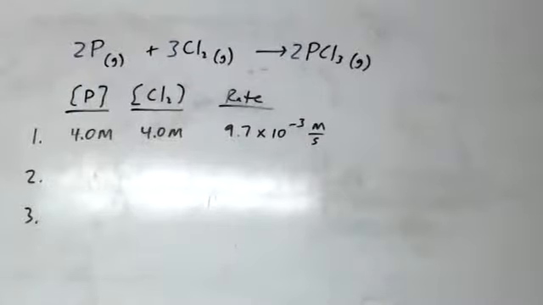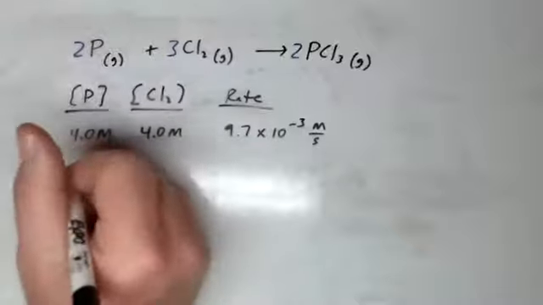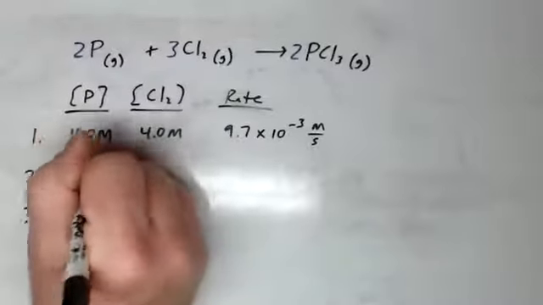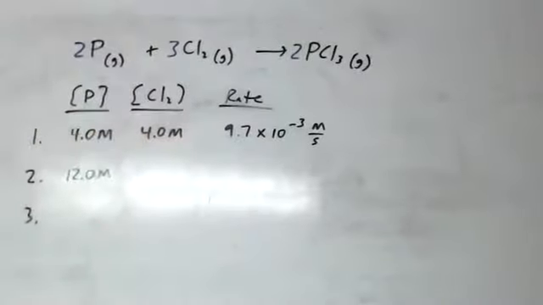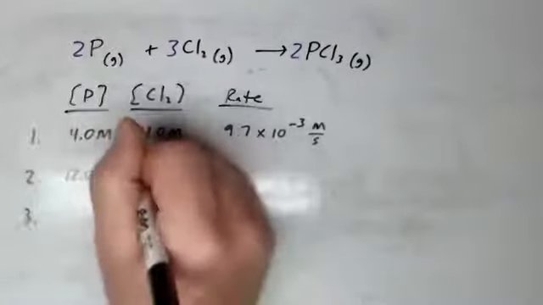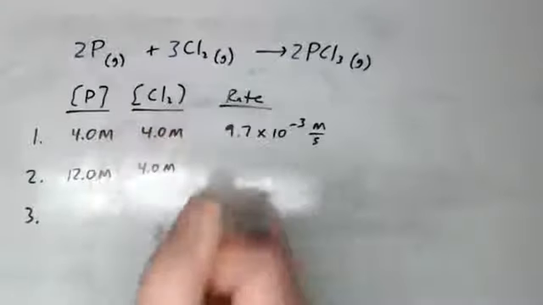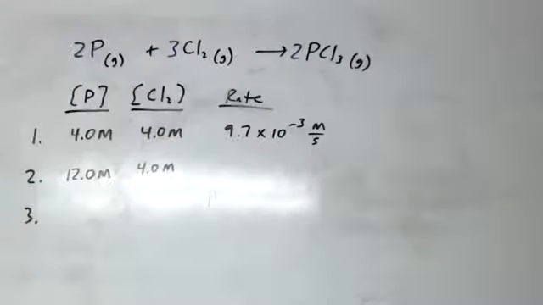So now in reference to that baseline, I now want to alter my phosphorus. Let's say I'm going to move the phosphorus concentration up to 12.0 molar, but I only want to change one variable at a time, so I'm going to leave the chlorine exactly the same.